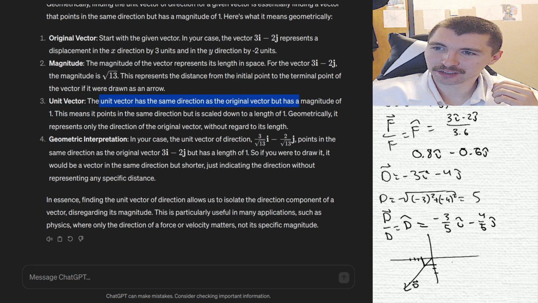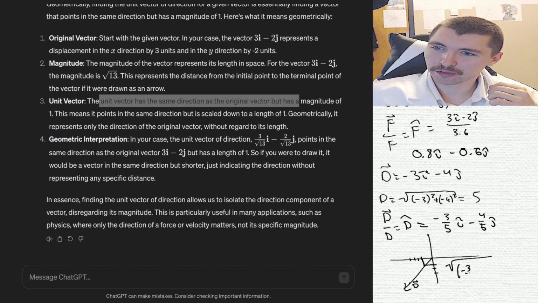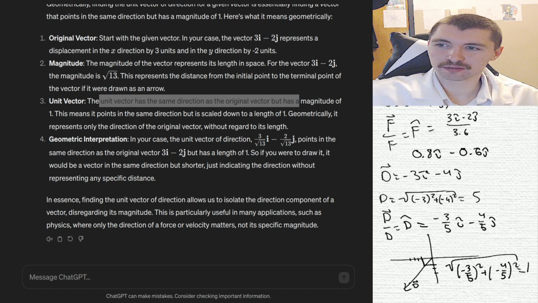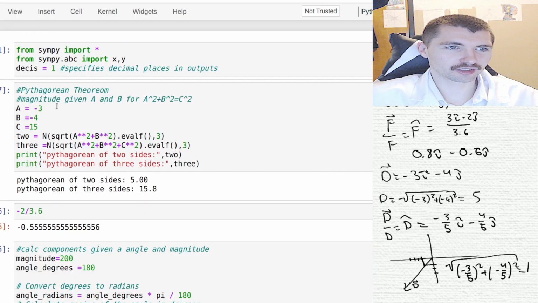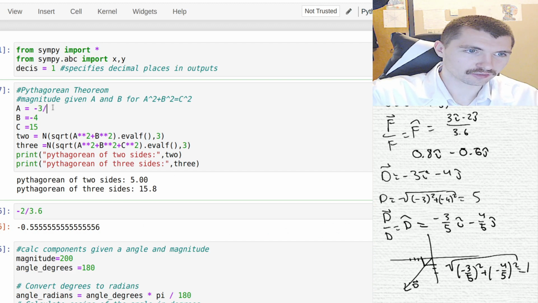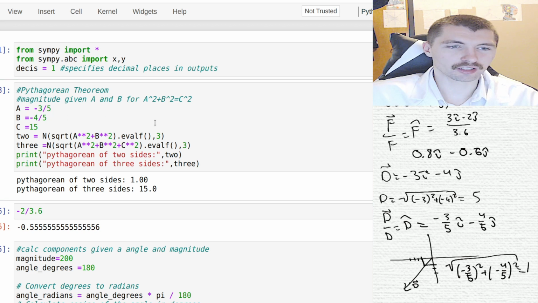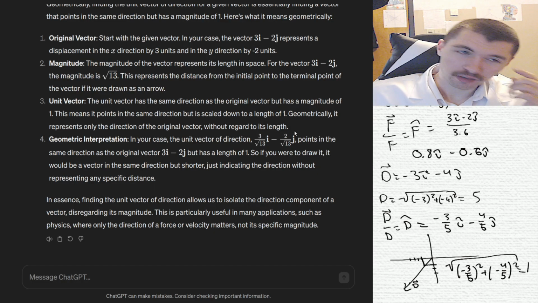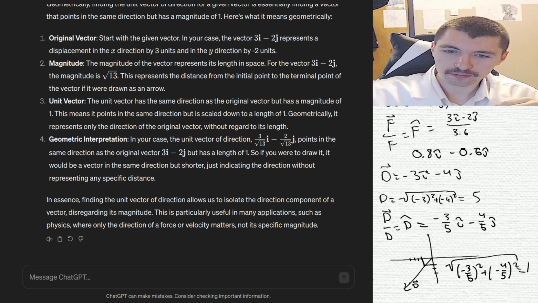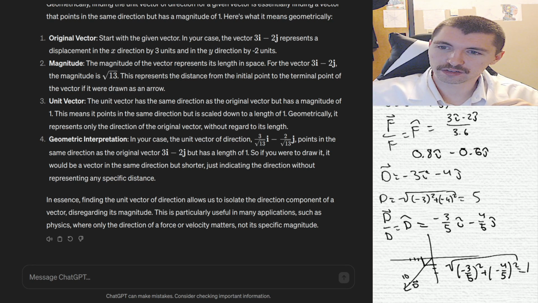So it's saying the square root of (-3/5) squared plus (-4/5) squared equals 1. Okay, so if that's right, we should be able to verify. And it does match up. So if D is, say, 100 meters, this is 1 meter.